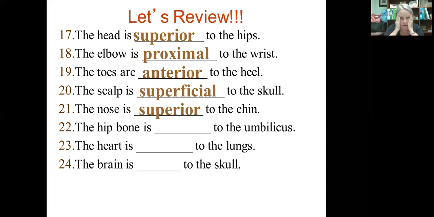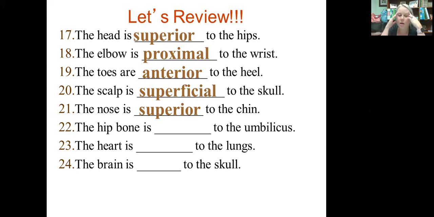And you're sitting there and you say, okay, well, the nose is above the chin. And you look on your test and you don't see the word superior on your test. Remember, you have other words that meant the same thing. Cranial and cephalic. Both of those also meant superior. Okay, so you would want to look for those alternative words if you don't see the first one that comes to your mind.